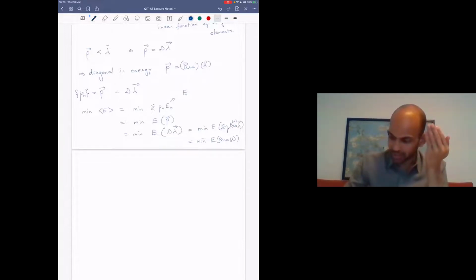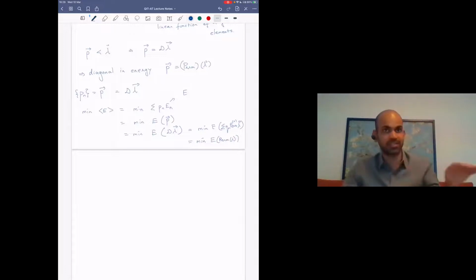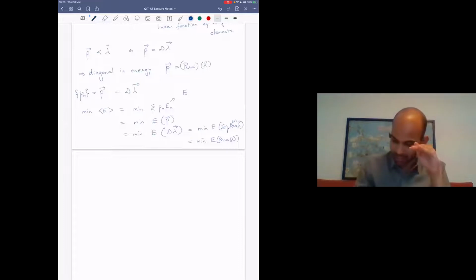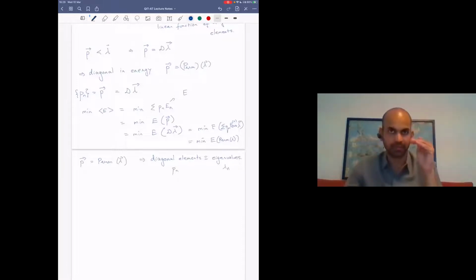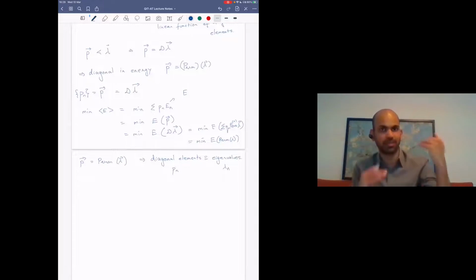But we already know that for those states that have this average energy minimized, the vector of populations P must be given by a permutation of the eigenvalues lambda, which means that the diagonal elements are the same as the eigenvalues. Again, when I say diagonal elements, I mean in the energy basis, because these are the P_n and these are the lambda_n. They can be ordered in whatever way you like, but the diagonal elements have to be the same as the eigenvalues.